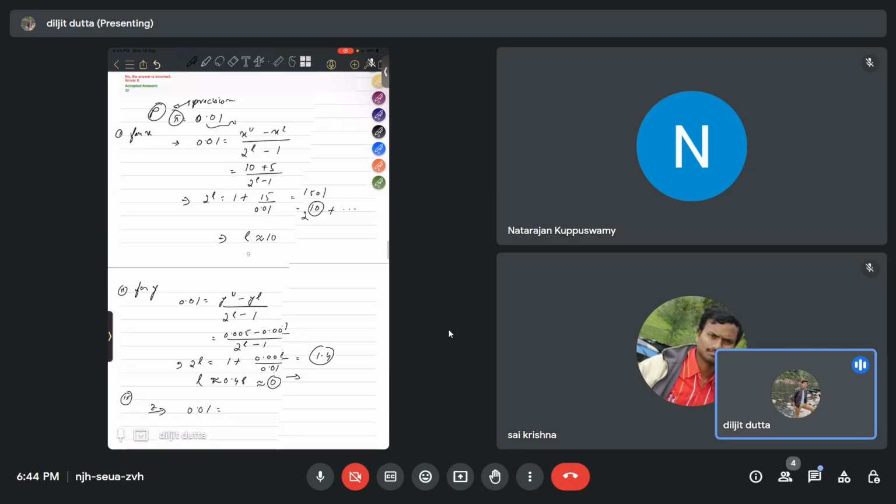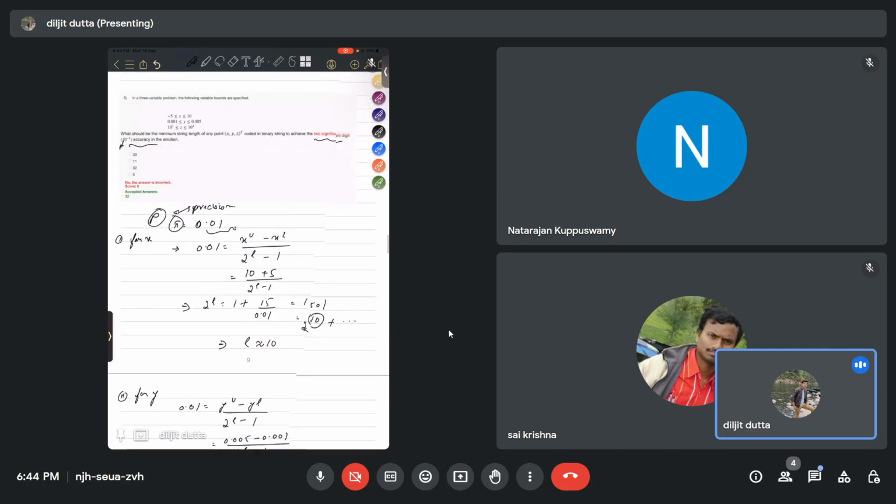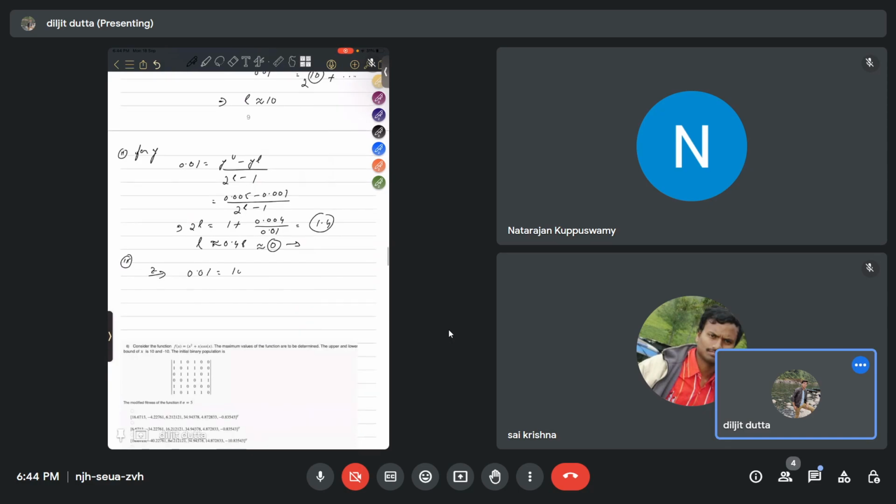And for the third one, z: 0.01 equals (zu minus zl) by (2 to the power l minus 1), where zu is 10 to the power 4 and zl is 10 to the power 3.